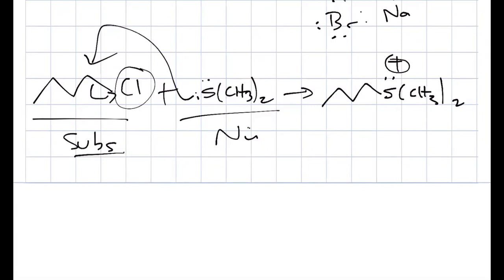Sulfur and oxygen are in the same group on the periodic table. So when it attacks, now it has 3 bonds, so it's gonna have a positive formal charge. All right, and then the chlorine is here.